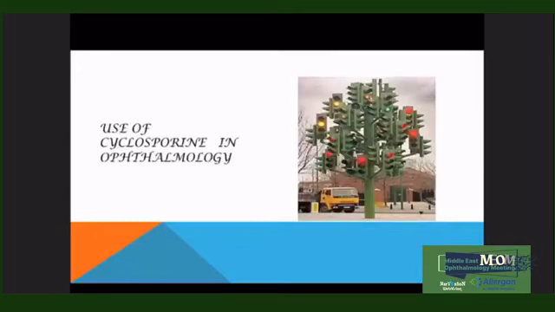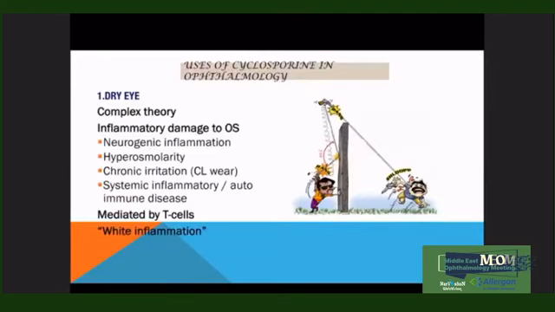Now, there are various indications of cyclosporine in ophthalmology, most of them being off-label. The only FDA-approved indication is dry eye. Dry eye, we all know, is a complex theory, involving inflammatory cascades leading to damage to the ocular surface, mediated by neurogenic inflammation, leading to changes in the osmolarity of the tears.